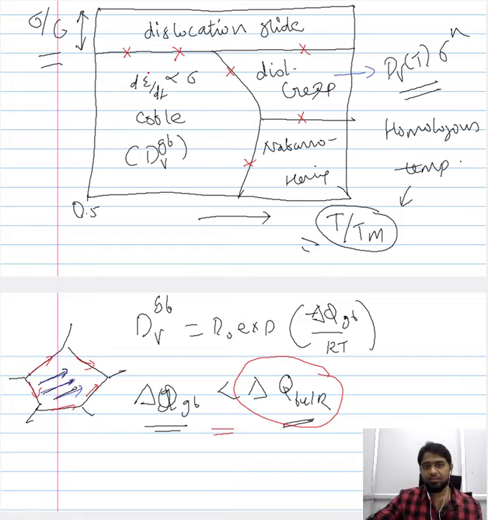If the point is within a particular region, then it is easy for us because we have a characteristic equation for each of these creep mechanisms.